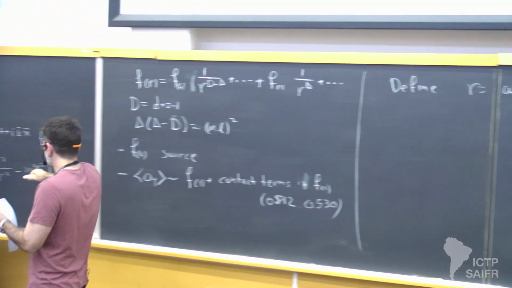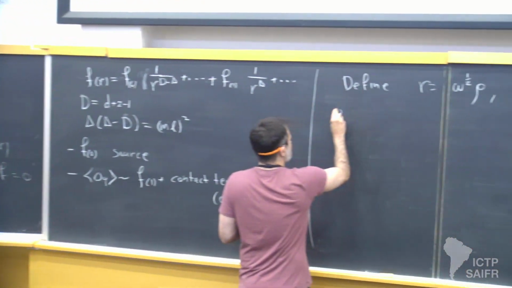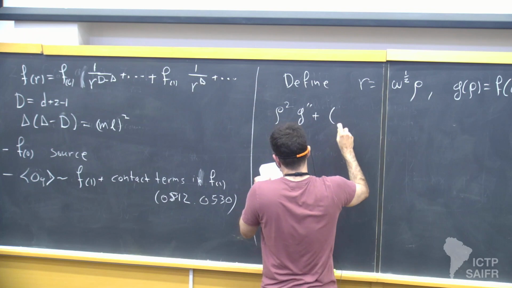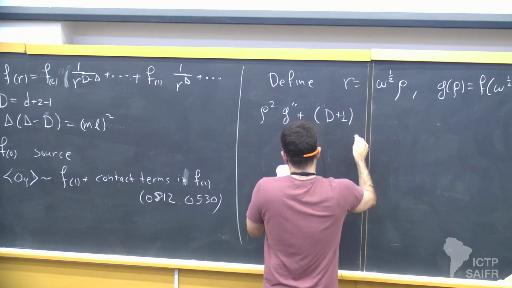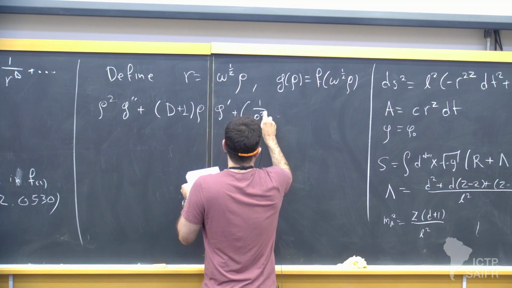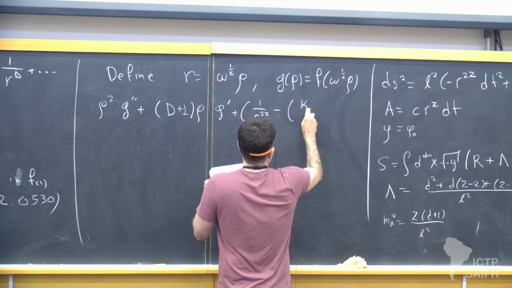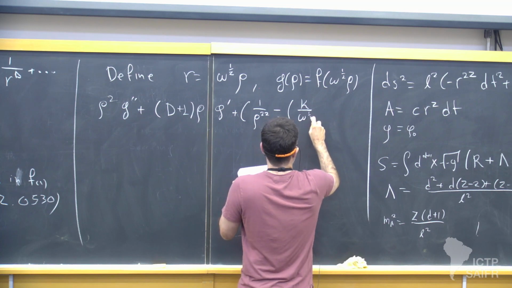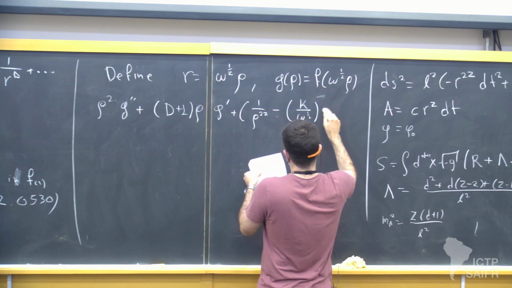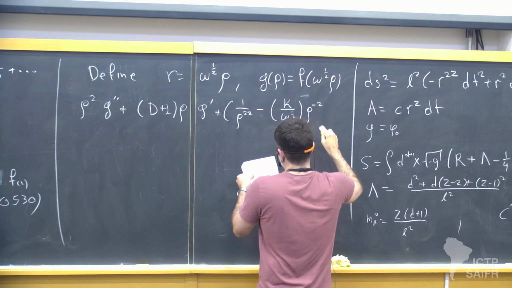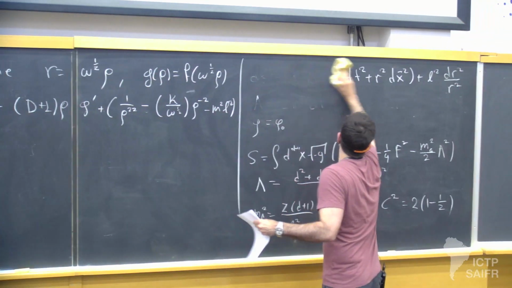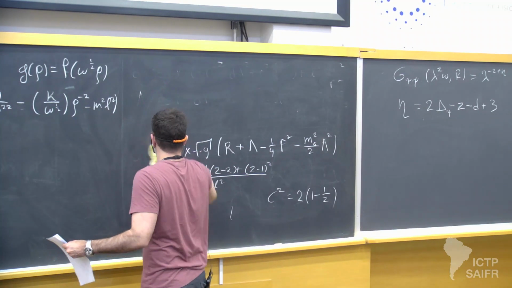Now, if I make these transformations in this equation, I will find an equation for g in the rho coordinate: rho squared g double prime, plus (d plus 1) rho g prime, plus 1 over rho to the power 2z, minus k over omega to the 1 over z, and all that, then rho to the minus 2, minus m squared L squared, times g equals 0.